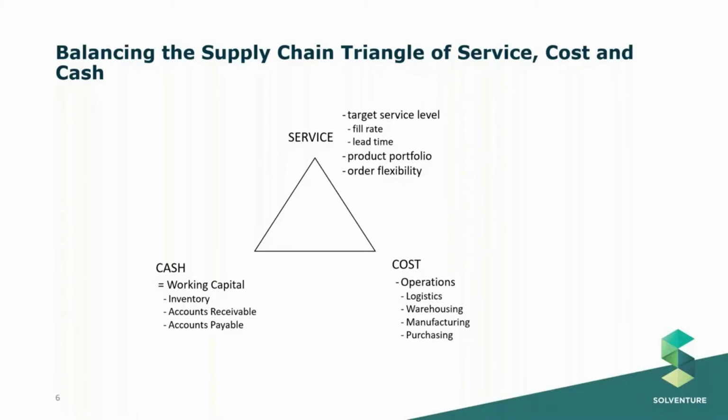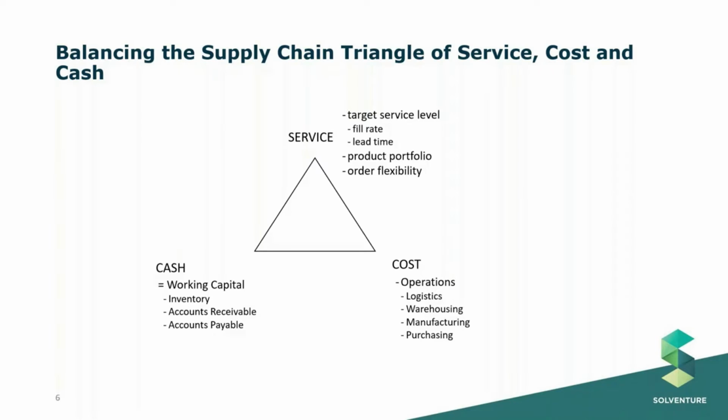One of the basics of the strategy-driven supply chain is that companies struggle with balancing this triangle of service, cost, and cash. Cost is easy to understand. Cash is working capital, and out of the different components of working capital, inventory is certainly the most difficult one, the most poorly understood.